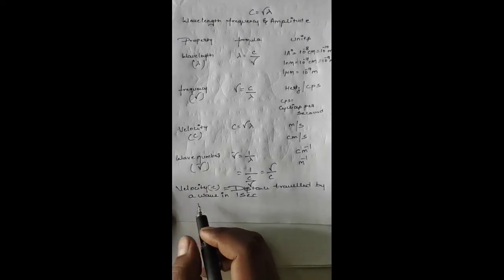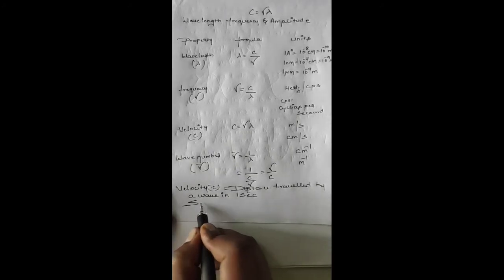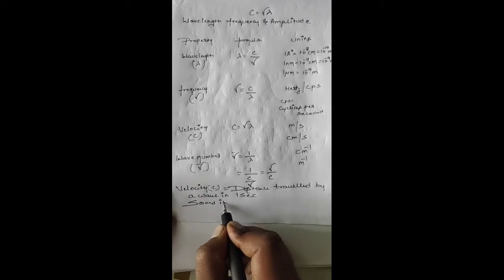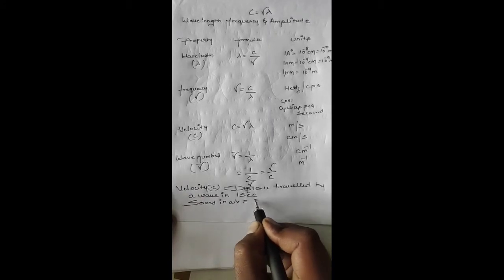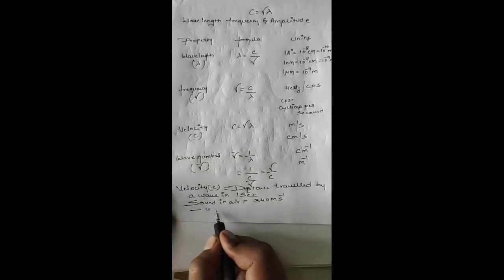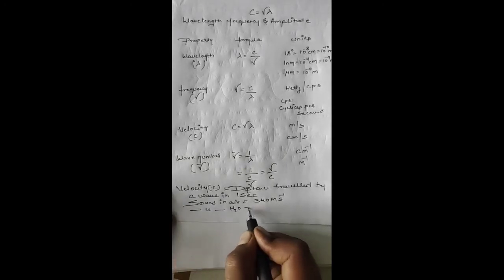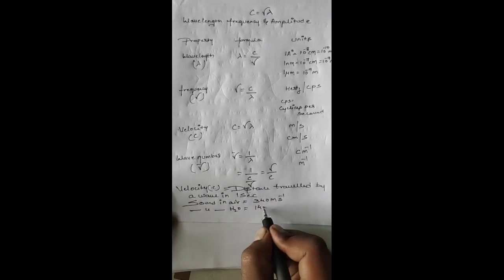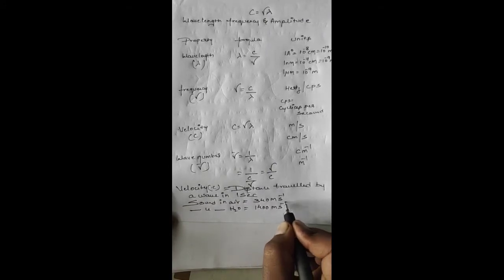Okay, if light or sound travels in air, first we take sound in air. The velocity is 340 meter per second. Similarly, sound moving in water, for example, is 1400 meter per second.